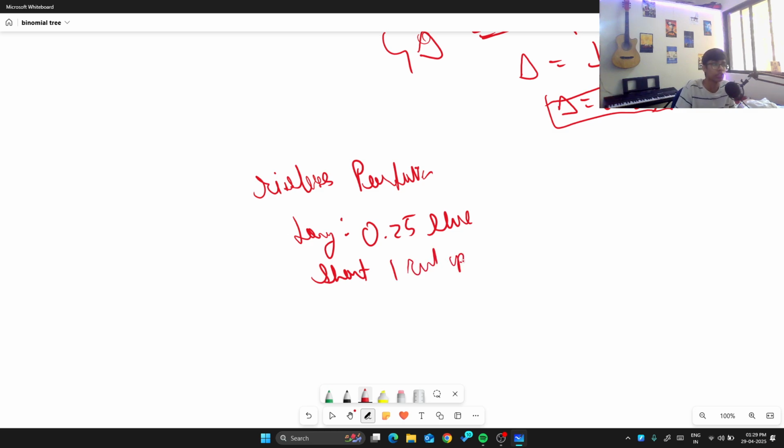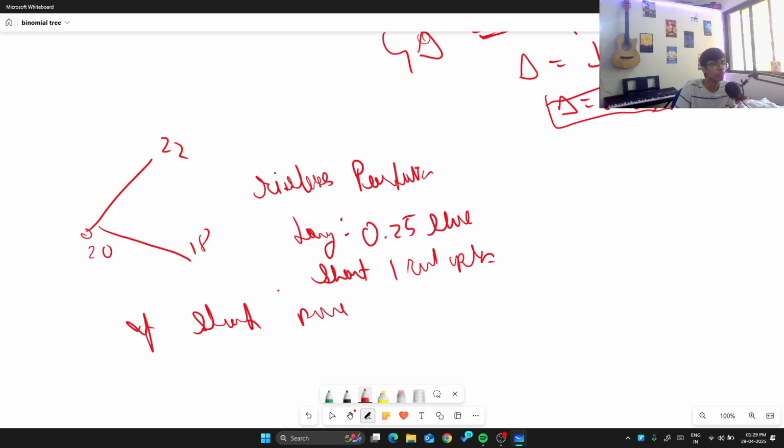So if the stock price moves from 20 to 22 or 18, right? If it moves to 22, our payoff would be 22 times 0.25 minus 1, because we shorted the option.